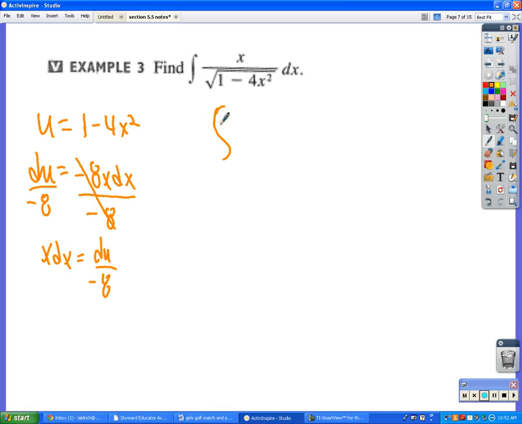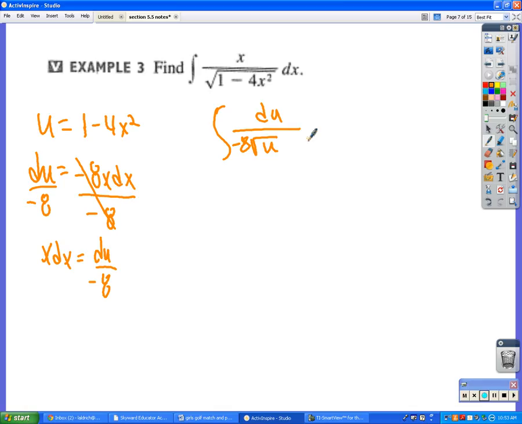So now I can rewrite this integral. I'm not solving it yet. I'm just rewriting it. The square root of 1 minus 4x squared becomes the square root of u, right? And the x dx becomes du over negative 8. That's the substitution that we chose to make in order to make it an easier integral that we can solve.